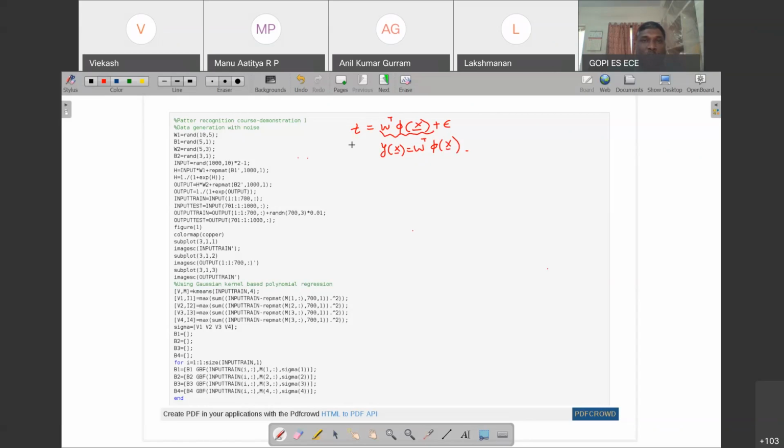And what you observe is a noisy one. T is basically the noisy observation. Extending the problem to the vector case is not a big issue.